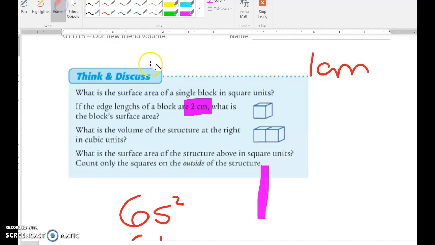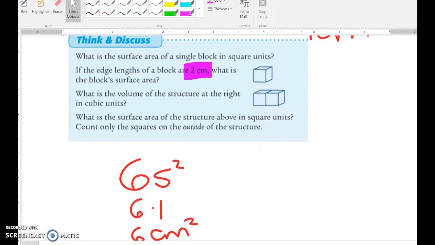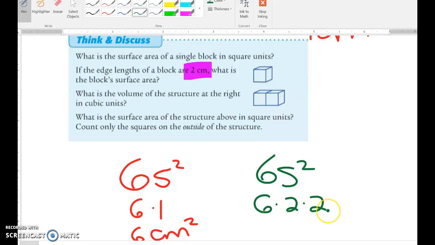Well, we can use the same formula for a cube, right? 6s squared. But this time we're putting in, yep, you guessed it, 2 instead of s, and that's going to be 6 times 4, which is 24 square centimeters, okay?